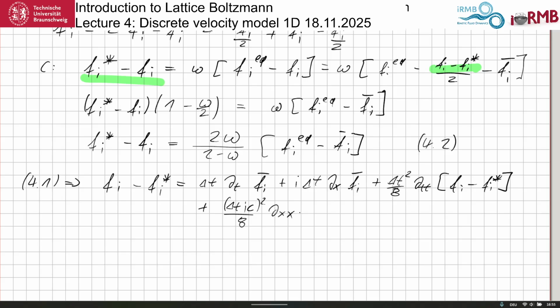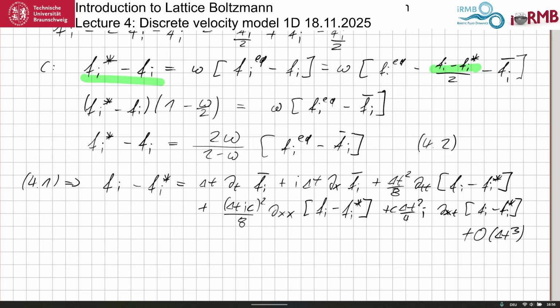The xx, the same thing, fi minus fi asterisk, and also we got dt squared divided by 4 times I, and yes, c, but only one c, d_xt, and this is the same thing, fi minus fi asterisk, and then we got terms of delta t to the cube.